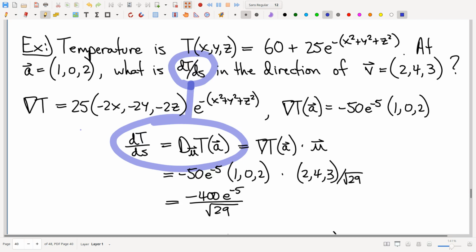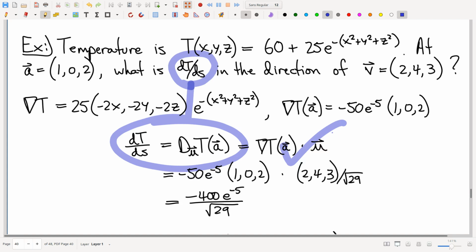So again, the formula is the dot product of the gradient. And then again, you have to compute the gradient, take the various partials of this function. By the way, good little exercise. Make sure that you're comfortable with what I get down here as a result. Make sure you can do that. You compute the gradient, you do the dot product.